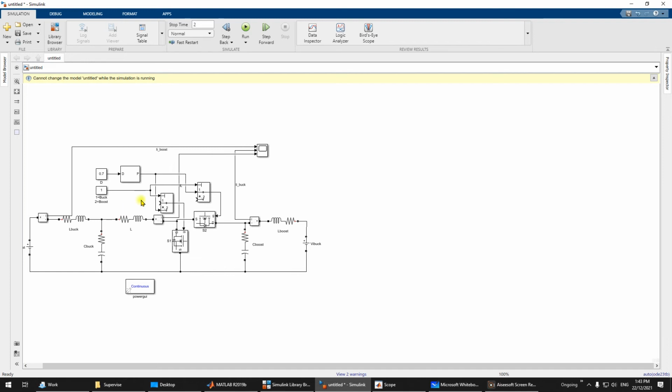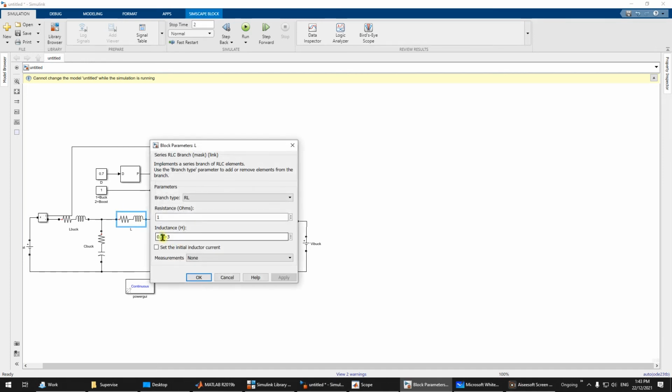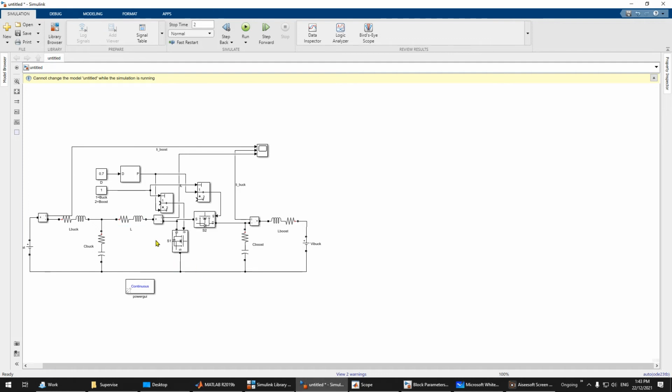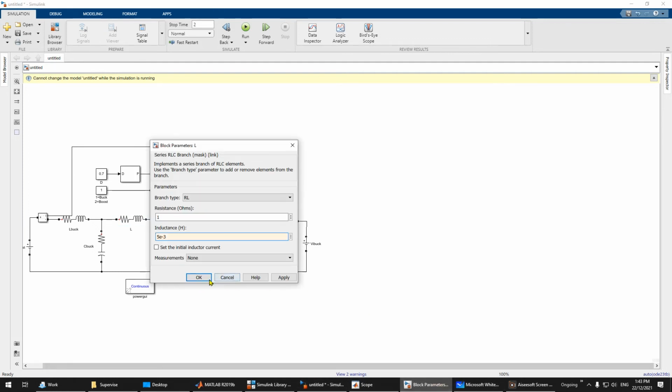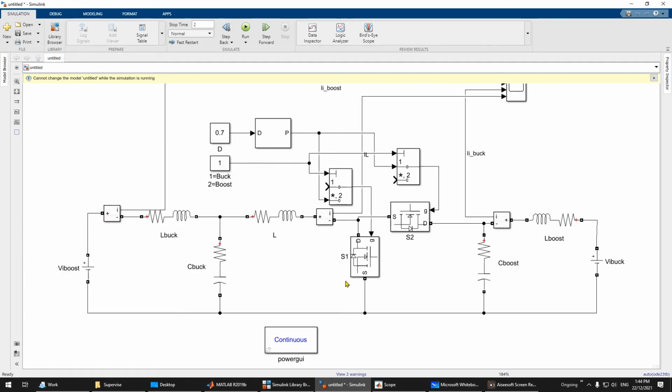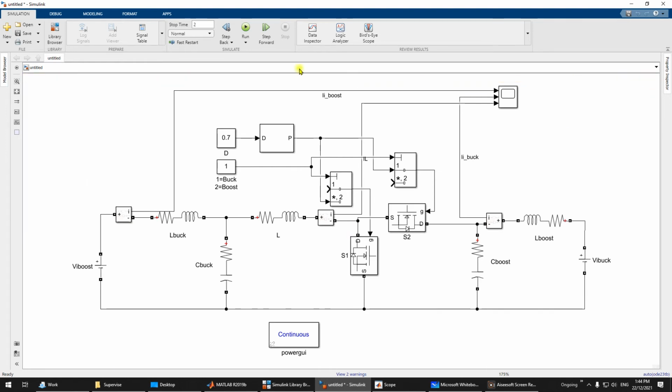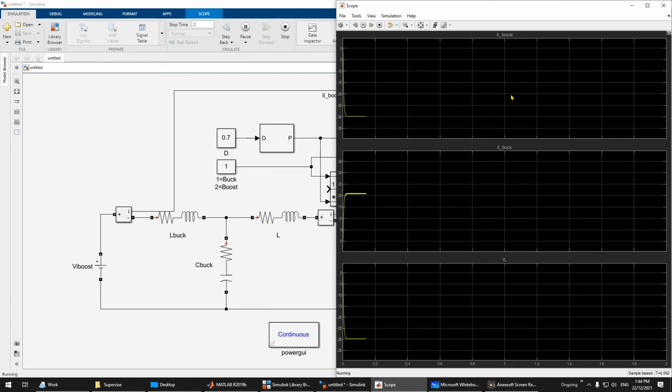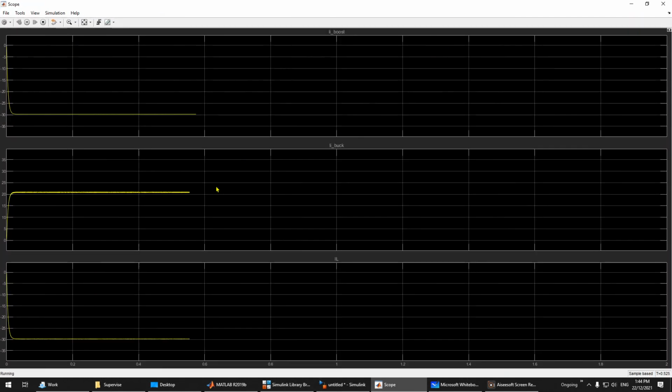This one is actually overly designed, so maybe this is 5. Let us run this. You can see now it is smooth. Smooth operation.